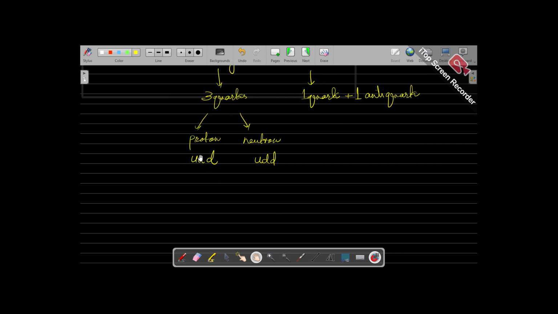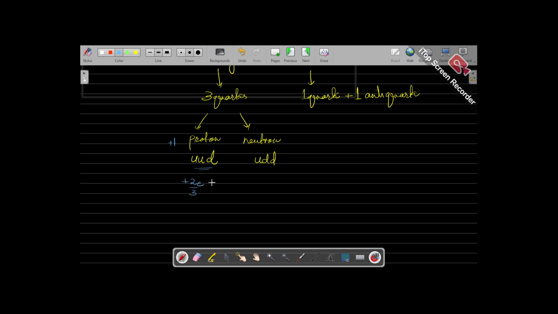Let's go. What is the charge on proton? The charge on proton is +1, right? Let's see if this composition gives us +1 charge. If so, then we'd say that this shows that this is the correct composition for proton. We have just seen that up quark has a charge of +2/3e.